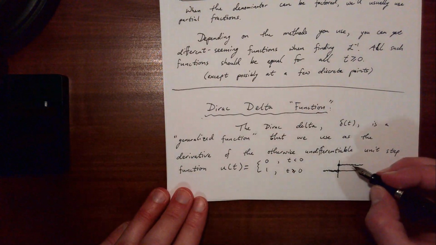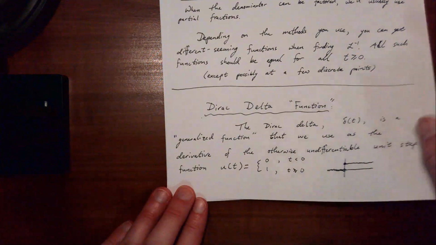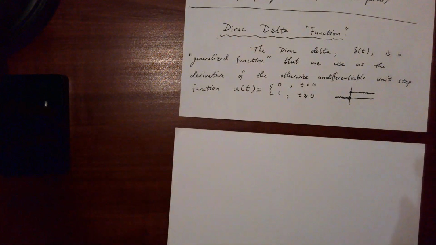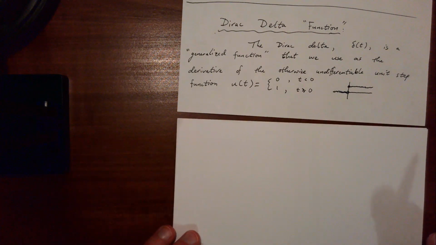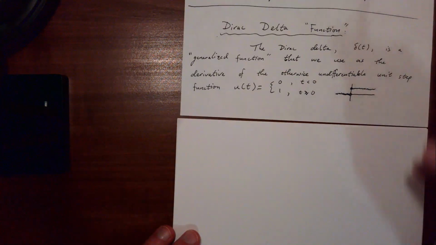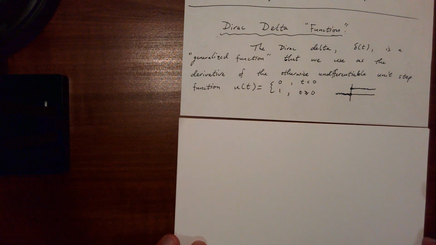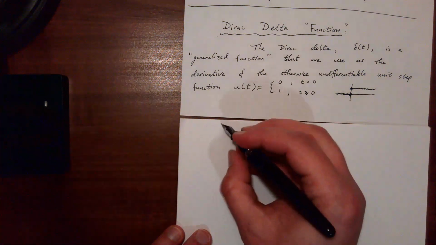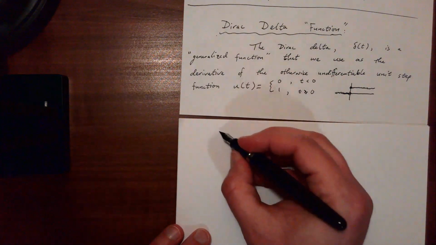But here we're using a substitute expression for the derivative of u of t, and it represents essentially the rate of change that executes this kind of a little jump. And it's not an actual function, but what's called a generalized function.